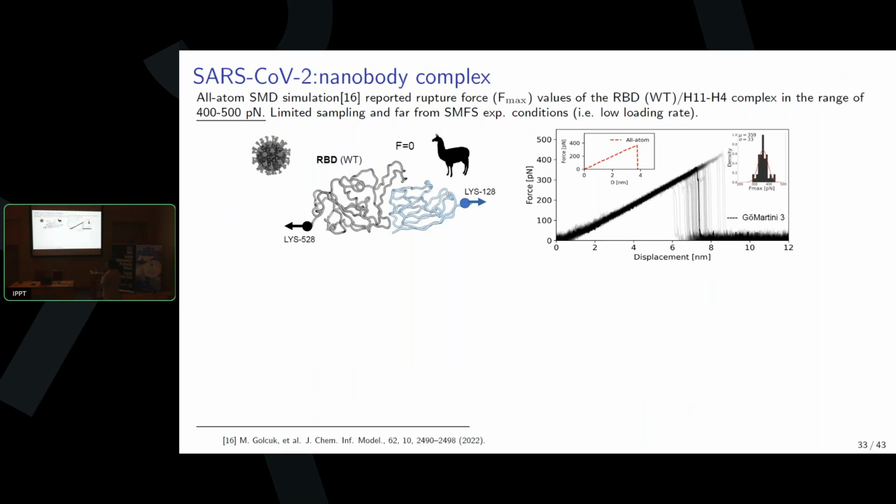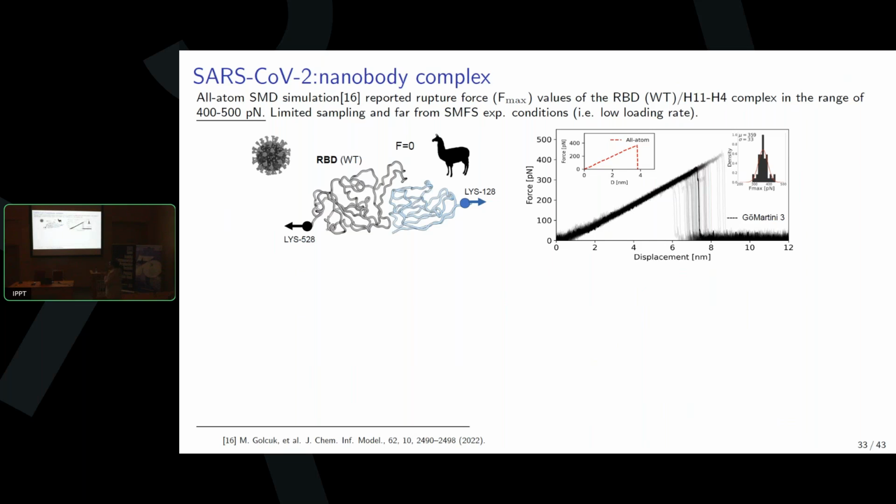And this is the receptor from the spike protein. The profile of force over displacement in the case of all-atom looks pretty much like this. There were few trajectories because you don't have enough computational power, so you run, say, 20 runs or even fewer.